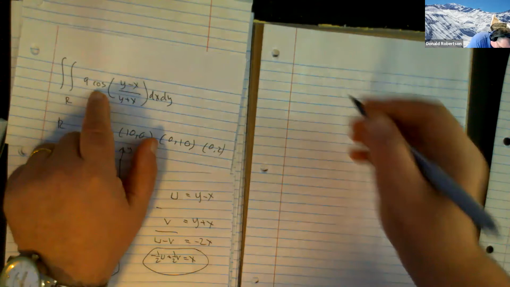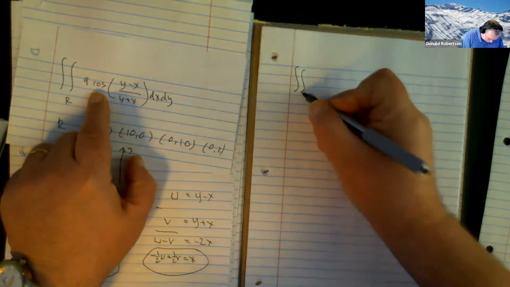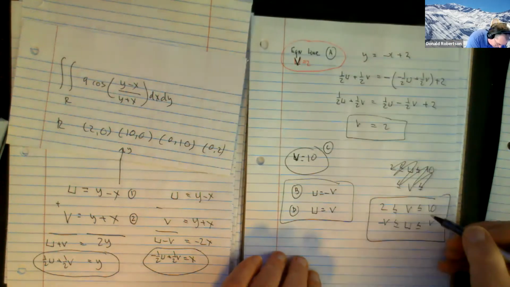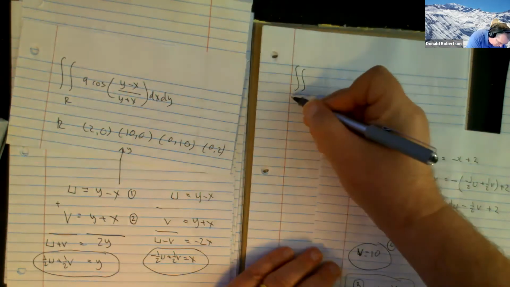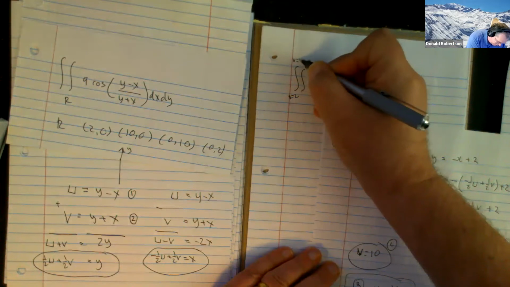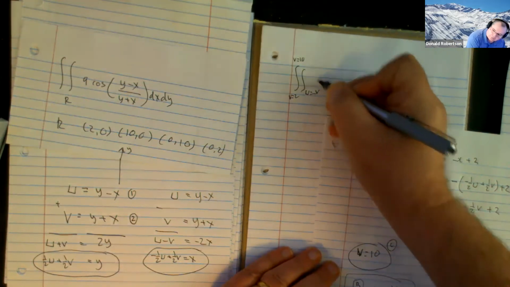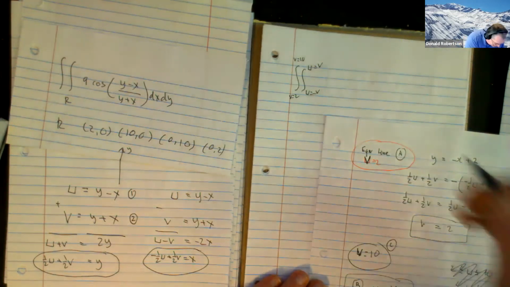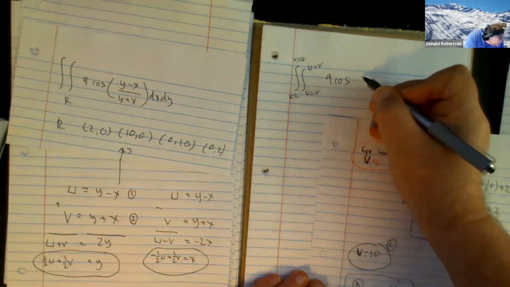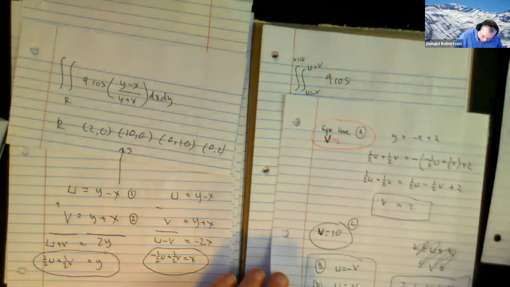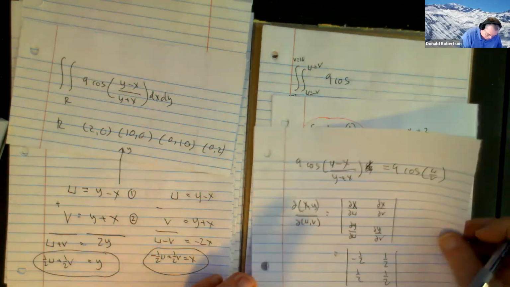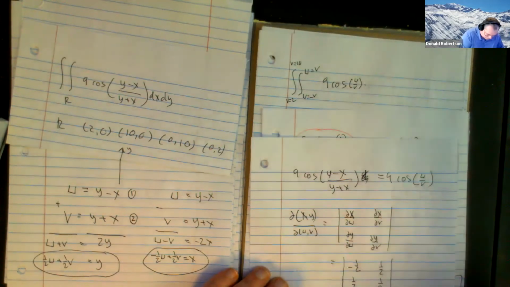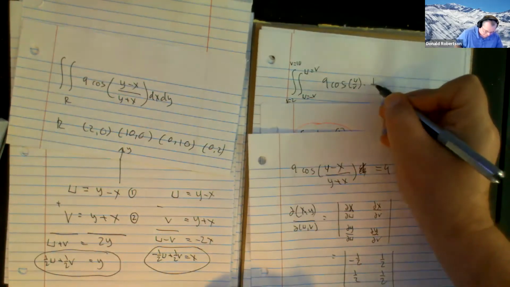So this guy becomes v from 2 to 10. And u goes from negative v to v, 9 times the cosine of u over v, times a Jacobian, which is a half.